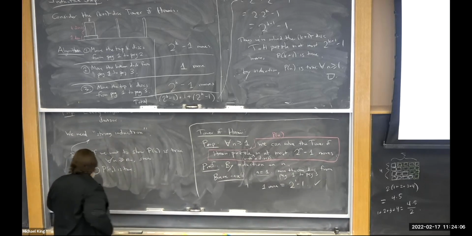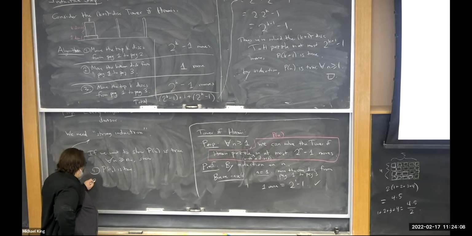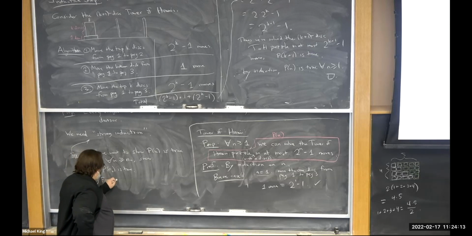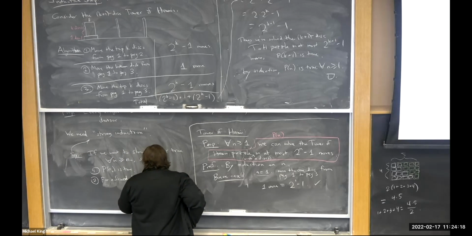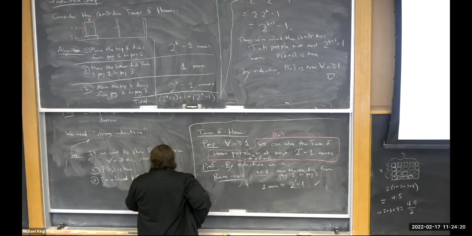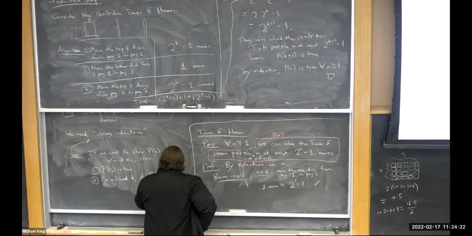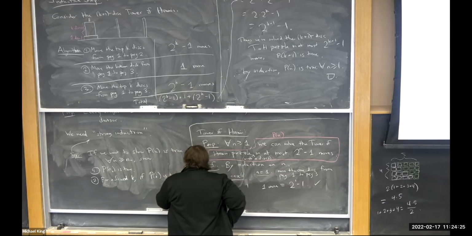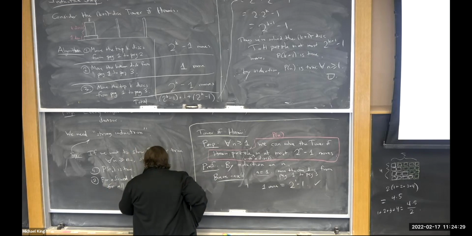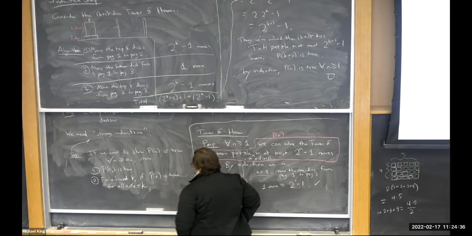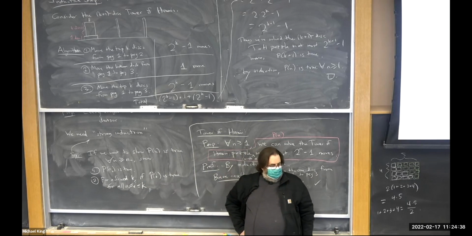And then 2 is, for a fixed k, if P of i is true for all i from n naught up to k, right? So we're going to try to use all of the previous steps instead of just the one previous step.